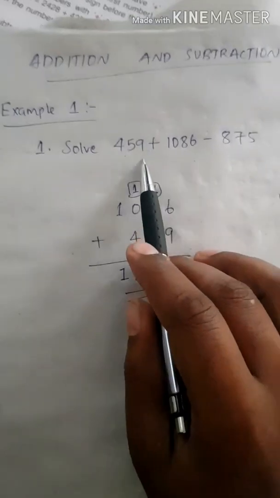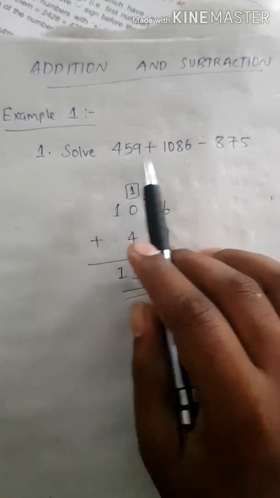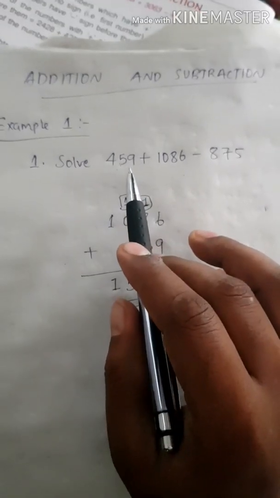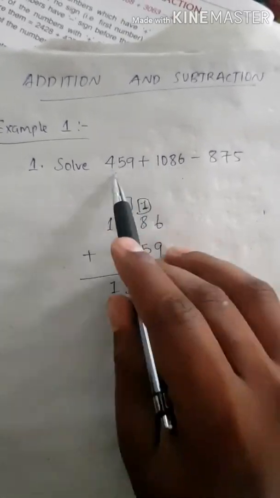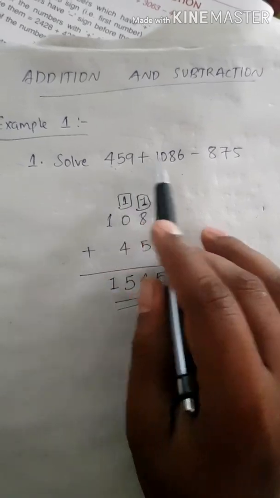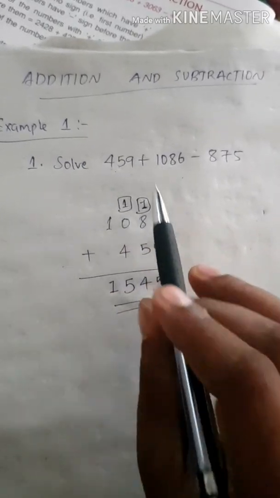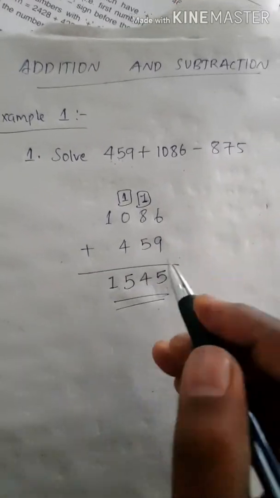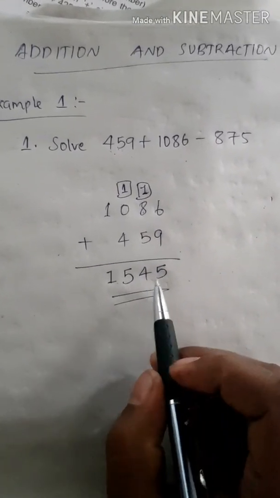So students, once again, the first two numbers are positive numbers. Understood? These two are positive, so we added these two numbers. Then after that you take the sum. Which is the sum?